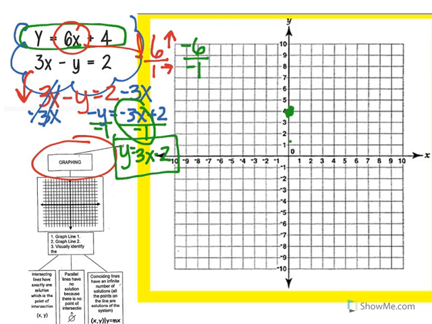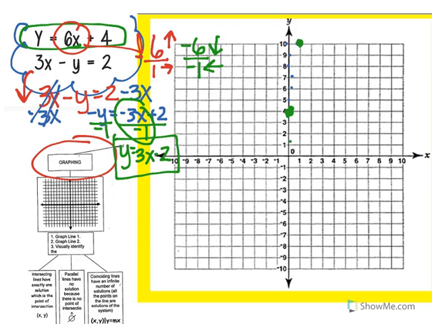So if I don't have enough points going up 6 and to the right 1, then I can also go down 6 and over to the left 1, because that's going to give me my same exact line. So from this point, I'm going to count up 1, 2, 3, 4, 5, 6 and over 1 and plot my point.